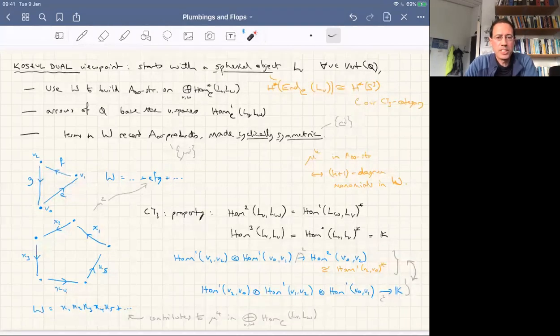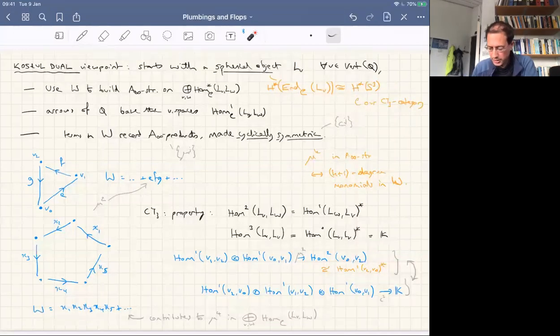Okay, so how does the general story go? So in an A-infinity structure, the mu2, the product part, should give me maps from Homs from V0 to V1 tensor Homs from V1 to V2 to Homs from V0 to V2. And mu2, of course, is a degree 0 operation, it just adds degree.